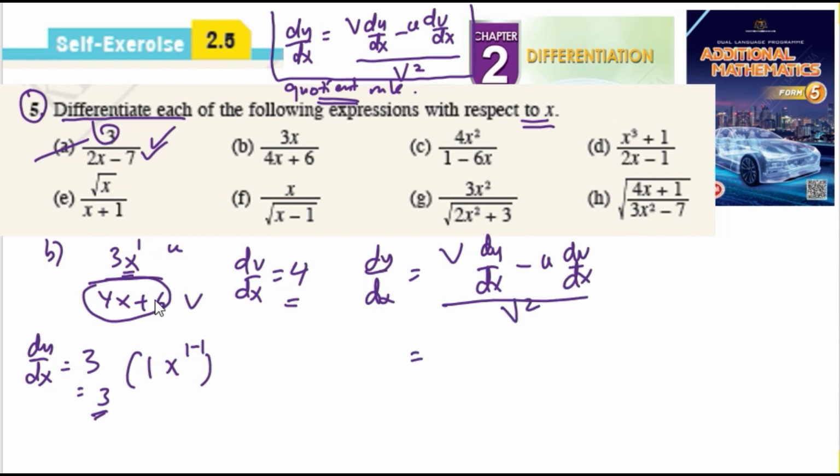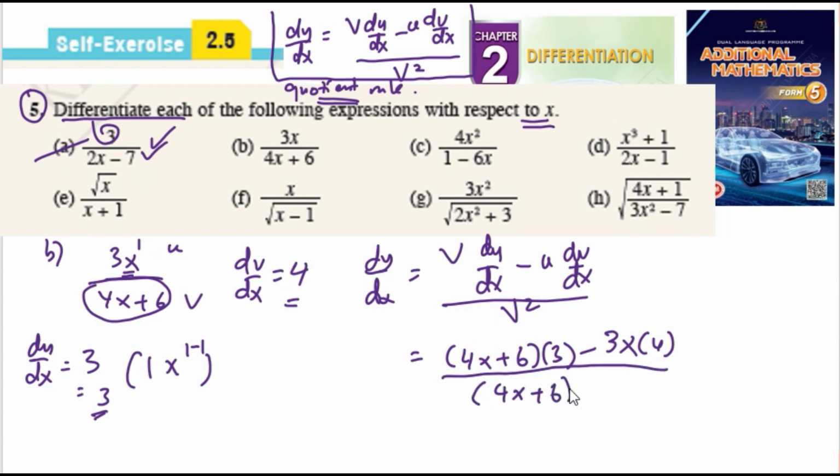Our v is the one below, which is 4x plus 6. Du over dx we get 3, minus u, our u is 3x, and dv over dx is equal to 4, divided by v square, v is (4x plus 6) squared.